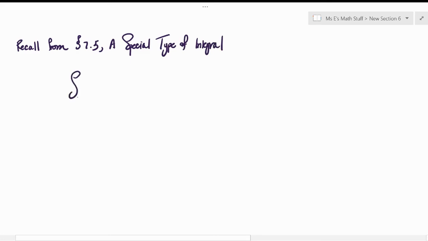There was the integral from 1 to infinity of 1 over x to the p, where p was a constant with respect to x. Basically, we found out that based on the p-values, you could just tell by looking at it that there are certain p-values that would make this thing diverge.